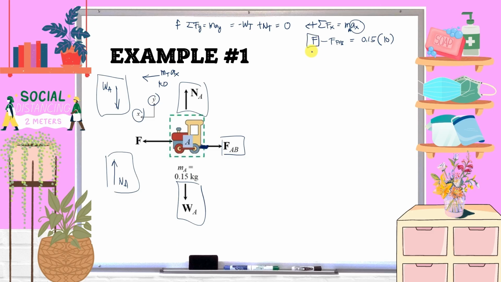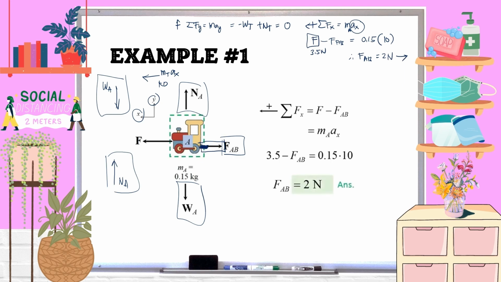Substituting the value of F, which is 3.5 Newton, we calculate force AB, and the result is a positive value, which is 2 Newton. Therefore, it has our established direction from earlier, which is to the right. So that's how we calculate applying rectangular coordinates for the equation of motion.